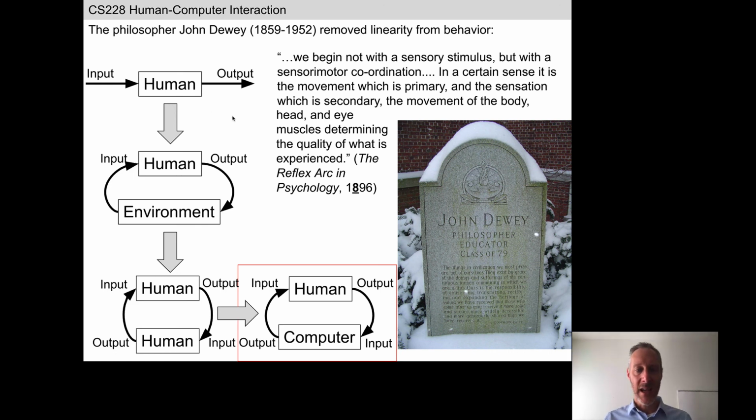Okay, it might take you a while to wrap your mind around thinking about interactions, especially with technology, where movement is primary and then sensation is secondary. You can convince yourself of this process. Again, if you have any roommates or dorm mates, we mentioned the Leap Motion device. Plug the Leap Motion device in, turn on the visualizer, put the Leap Motion device on the desk in front of your friend and say nothing and see what they do.